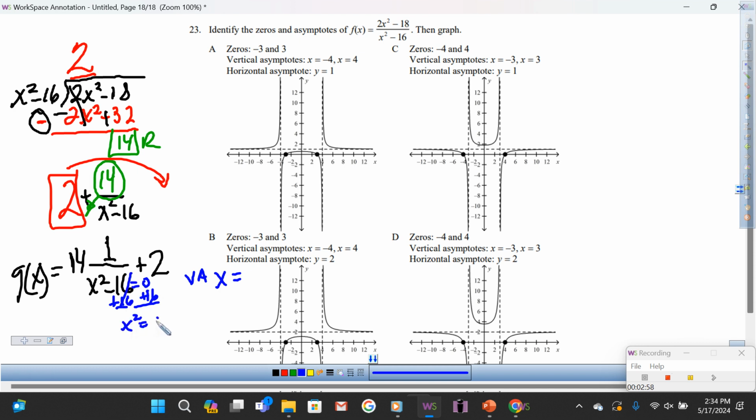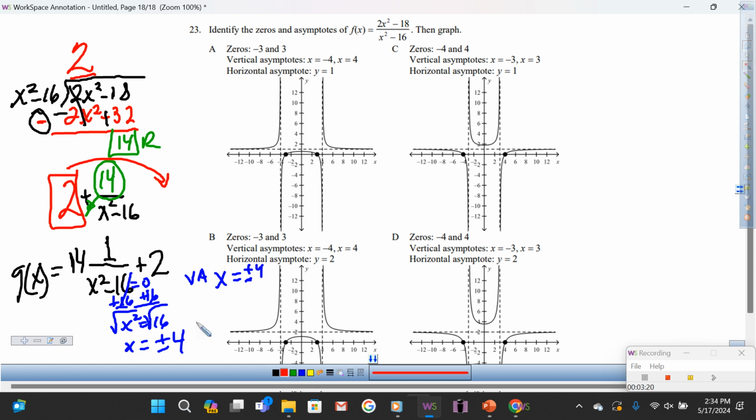X squared equals 16. And to get rid of that square, we take the square root. X equals plus or minus 4. So there's 2 vertical asymptotes, positive 4 and negative 4. How many of them? 2. Positive 4, negative 4.